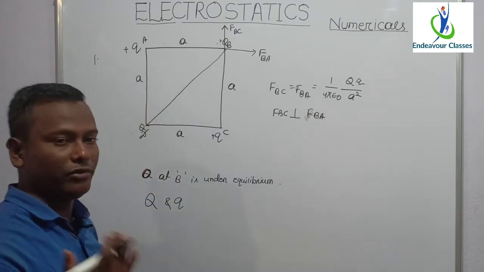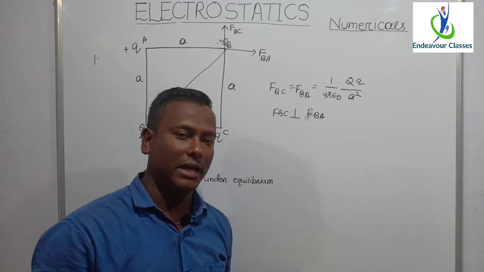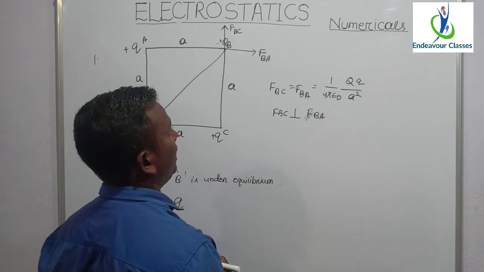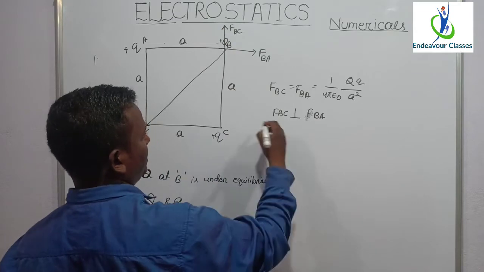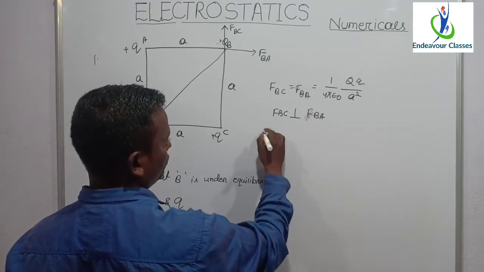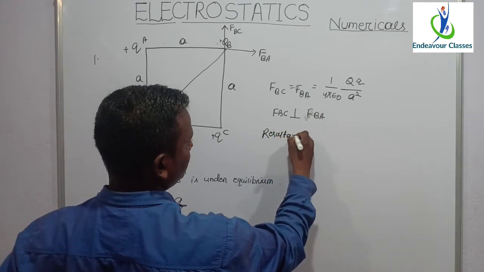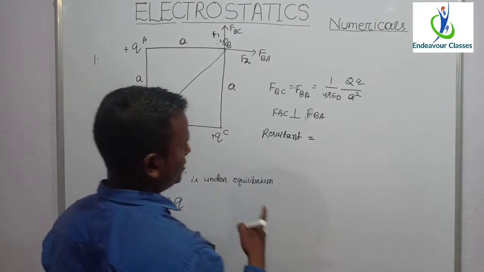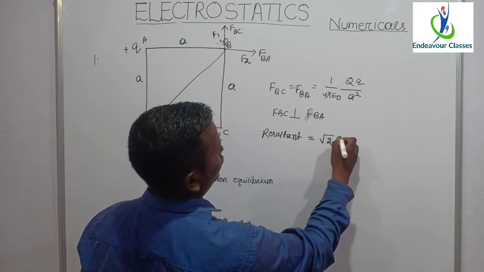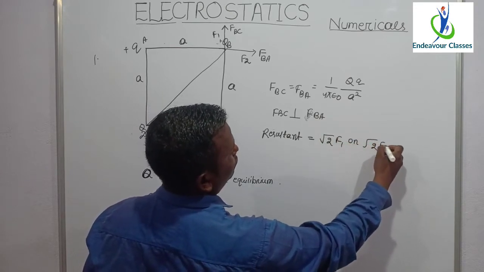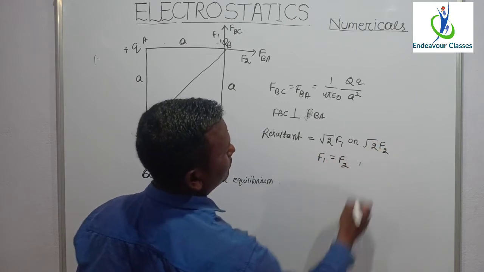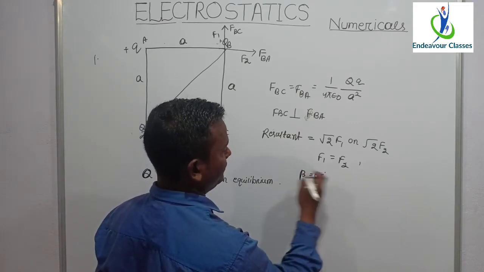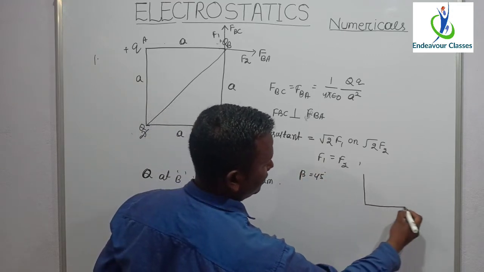In the previous problem, we found that if two forces of equal magnitude act perpendicular to each other, with an angle of 90 degrees between them, then their resultant will be root 2 F. So the resultant of these two, let it be F1 and this is F2, will be either root 2 F1 or root 2 F2, because F1 is equal to F2, and the resultant will go making an angle beta equal to 45 degrees.